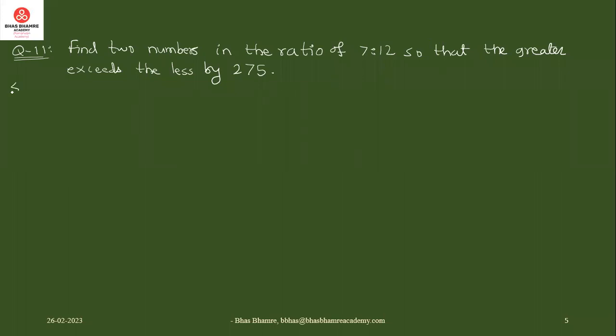We can say the ratio of the two numbers is 7:12. Let the common multiple be x.